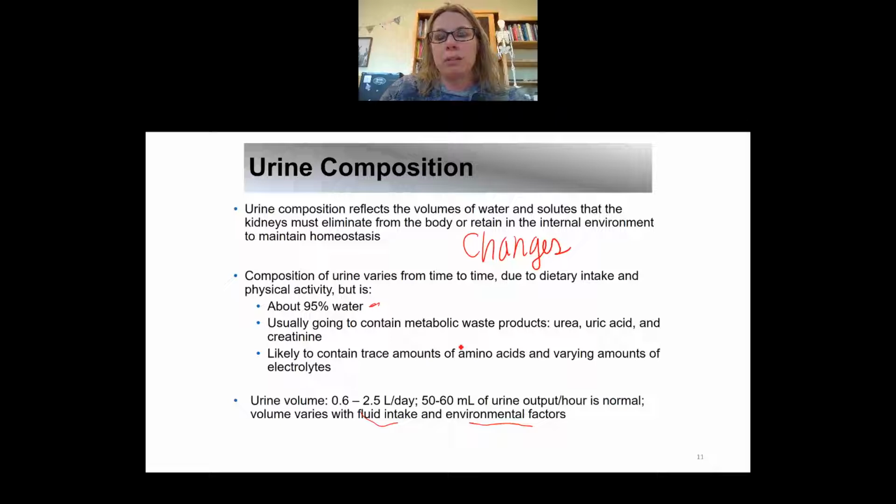So your body's metabolism, what is left over after those products are broken down, like urea, uric acid, and creatinine. So that's basically the composition of the urine there. Urine volume, we've said before, about 1/2 to 2.5 liters a day, or production is about 50 to 60 milliliters per hour. And again, it's just really going to depend on how much you've been drinking, how much you've been active, and a lot of different things.